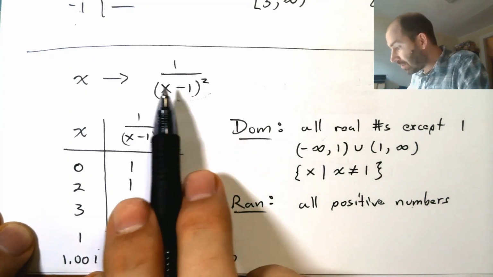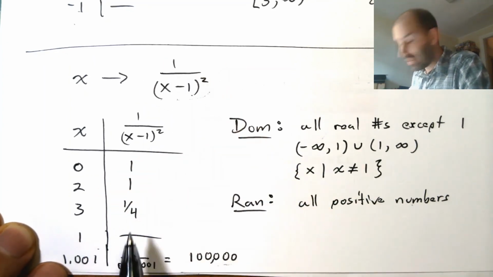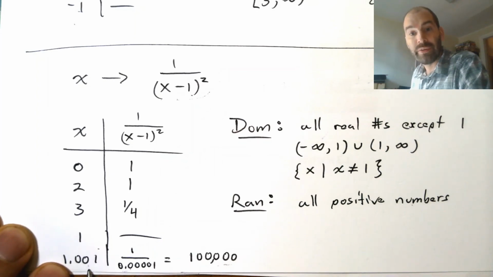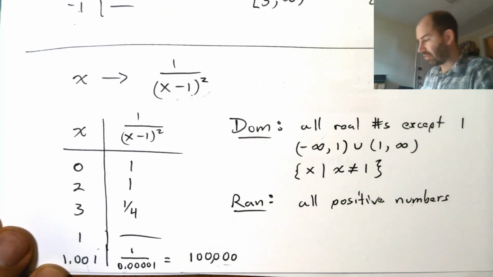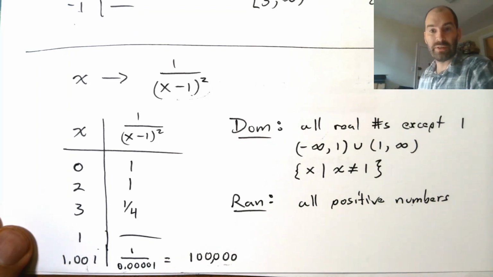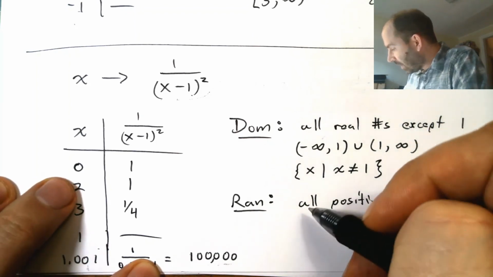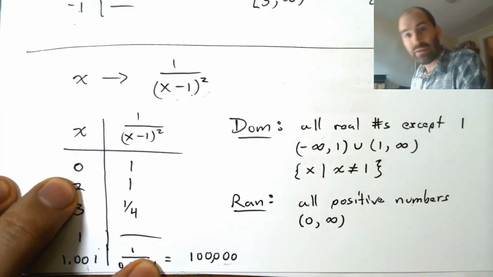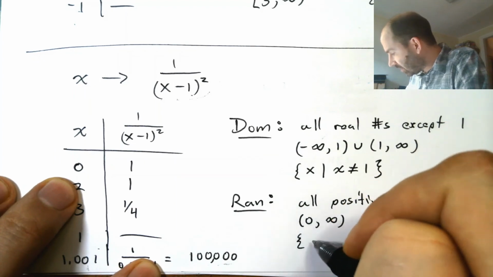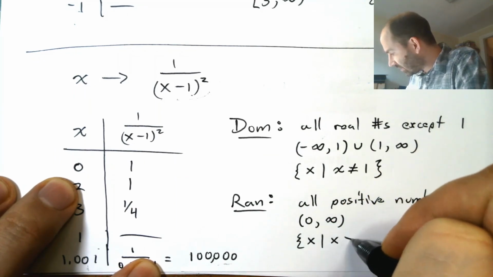I can get the outputs to be very big just by taking this very close to 1. So that's why I can get all positive numbers. I can go all the way up to infinity just by making this really close to 1. Okay, so all positive numbers, I can write that as the interval from 0 to infinity, not including 0. Or in set builder notation, the set of all x such that x is greater than 0.